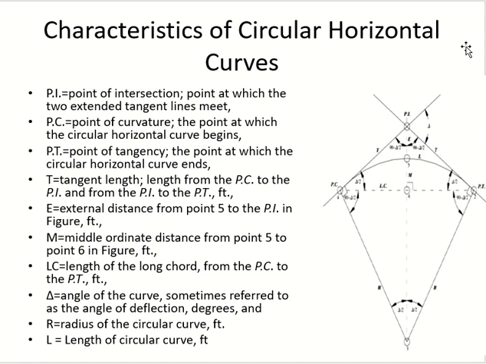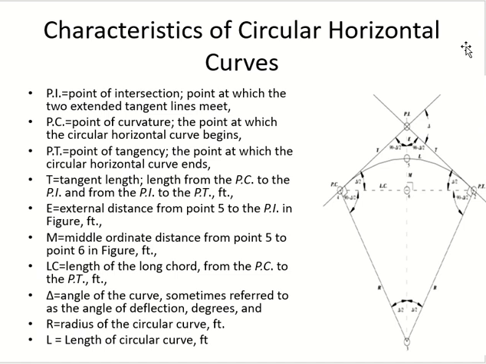This line will also intersect the chord. The distance between the curve and the chord on this line is called M, middle ordinate. So E is external distance and M is middle ordinate. Clear? Any questions? So this line is going from PI to the center of the curve. Clear or not?